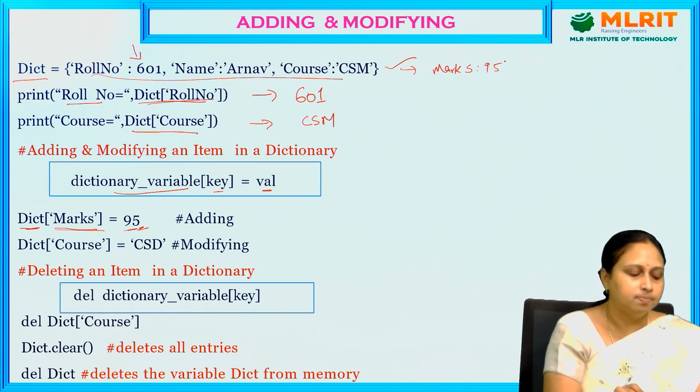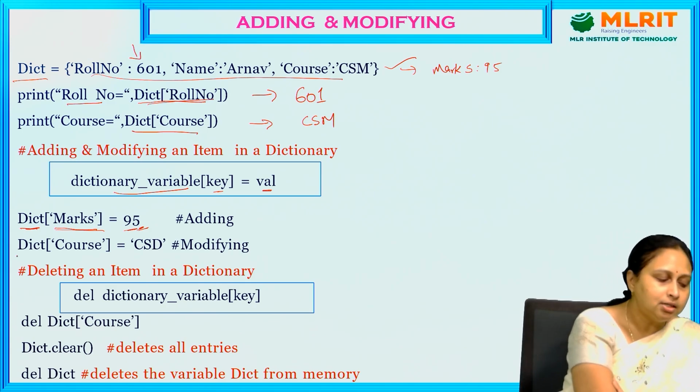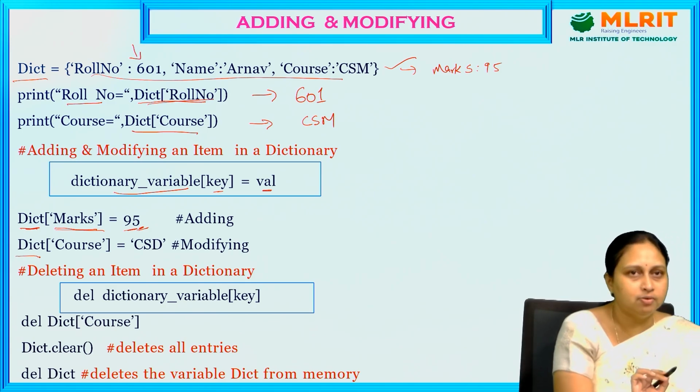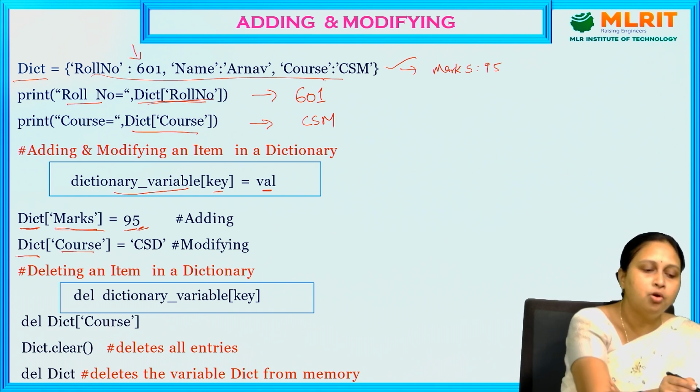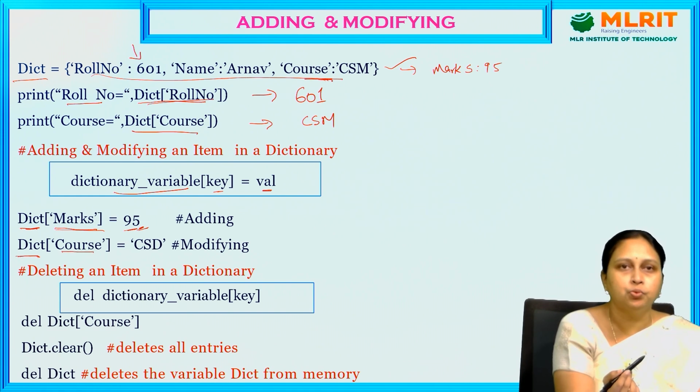This is one thing. And the other thing we can do is modify a key which already exists. In that case, how are we going to do that? Here, if you can see, we are again using the dictionary variable, that is DICT, followed by course. I want to modify this course with a new name, right?